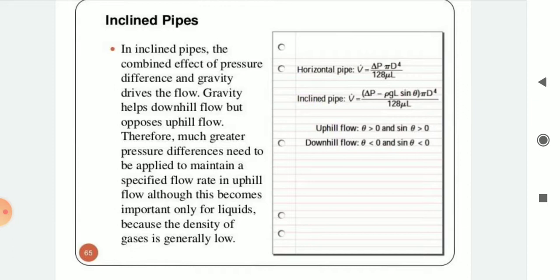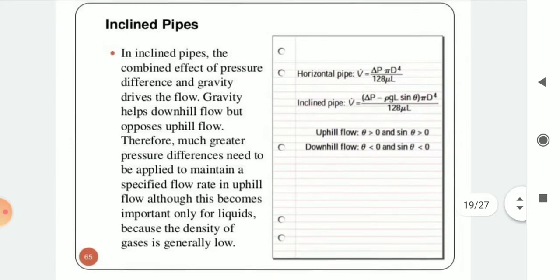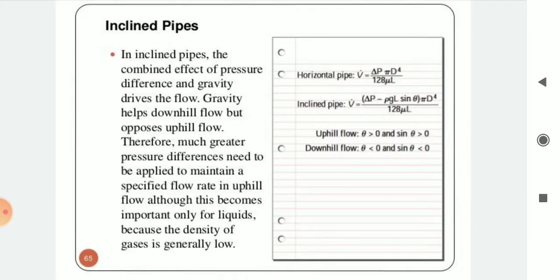So for a horizontal pipe, V dot equals delta P pi d raised to 4 divided by 128 mu L, and for an inclined pipe, V dot equals (delta P minus rho g L sin theta) times pi d raised to 4 divided by 128 mu L. For uphill flow, theta is greater than 0 and sin theta is greater than 0, and for downhill flow, theta is less than 0, so sin theta is less than 0.